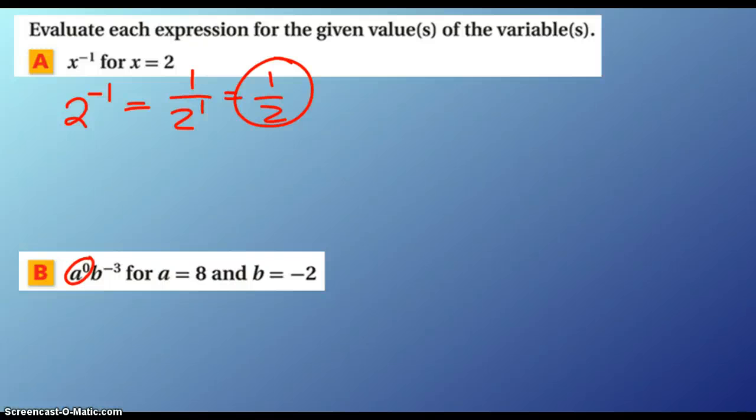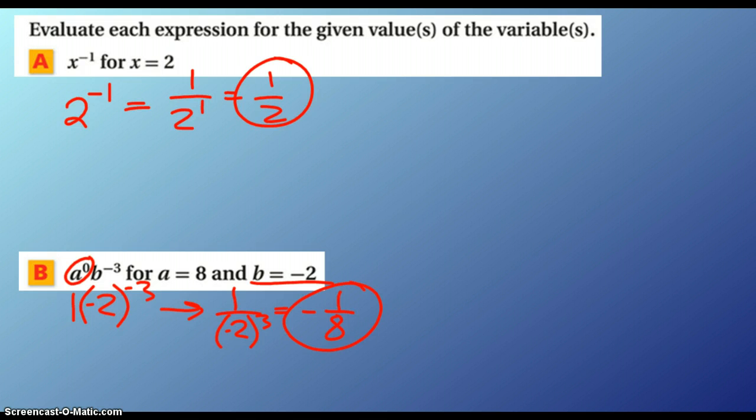So this is just like 1 times b to the negative third. Well, b is negative 2. Or this is the same thing as negative 2 to the negative third. So I could just say 1 over negative 2 to the third. And negative 2 times negative 2 is positive 4, times another negative 2 is negative 8. So we get negative 1/8 for that.